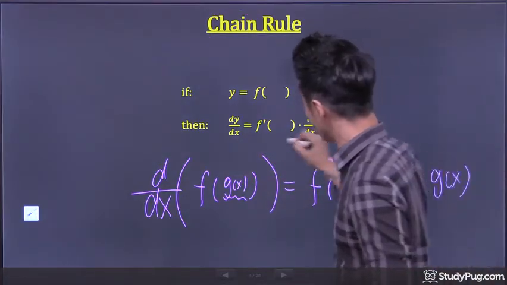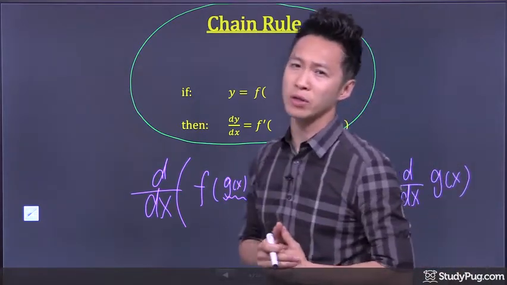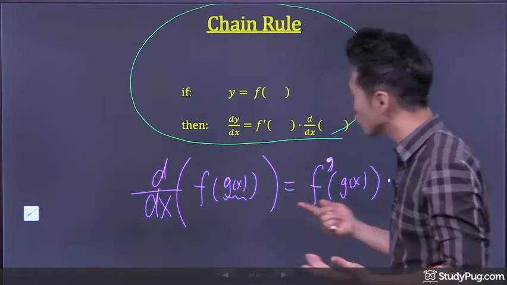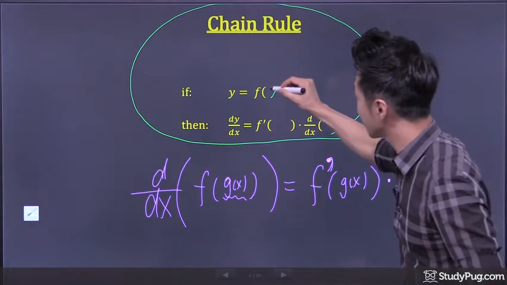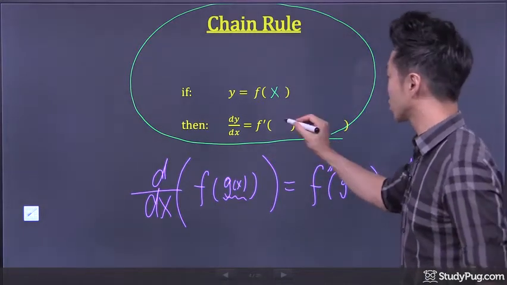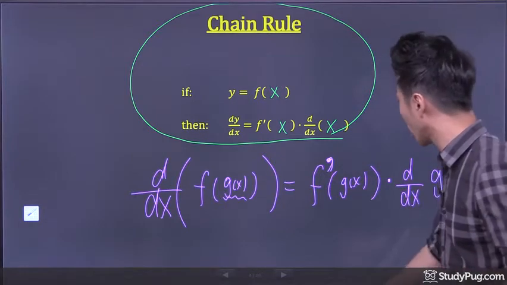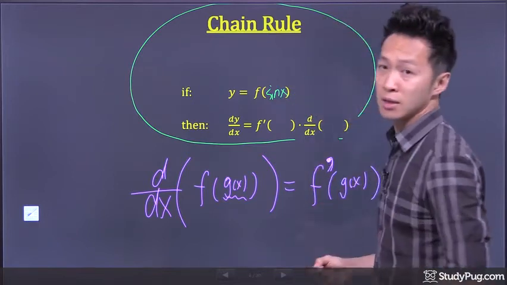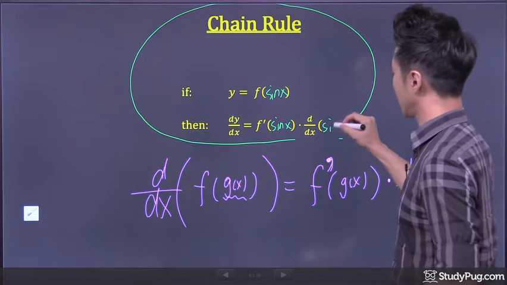The chain rule definition here is the simplified version that I personally came up with. The reason I prefer this simplified version is it allows me to put whatever I want inside the bracket. It could be a simple x, then inside the bracket here would just be x, and here would just be x. It could be a trigonometric function, say sine x. Now inside the bracket would just be sine x, and here, sine x.